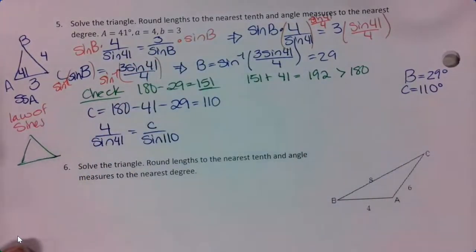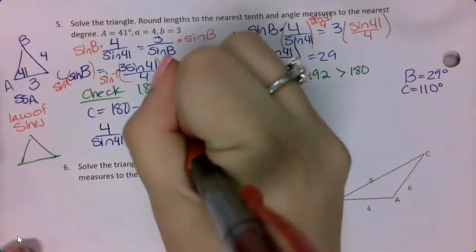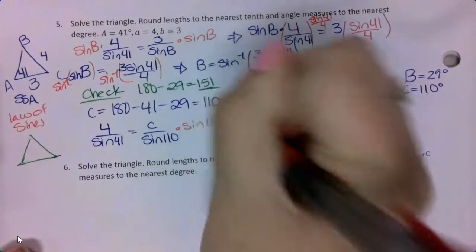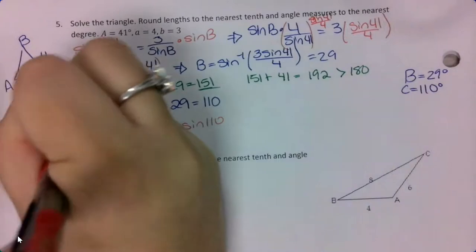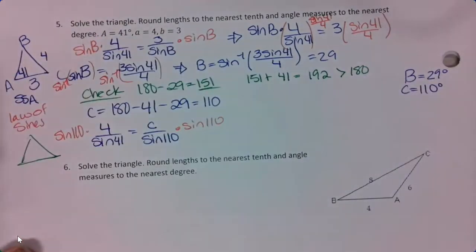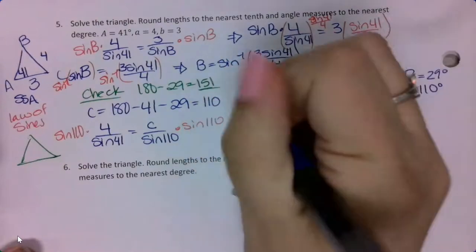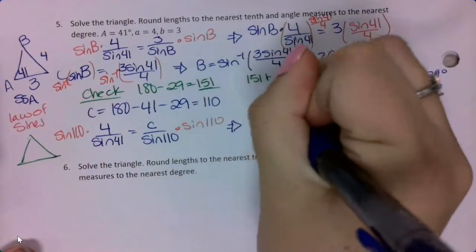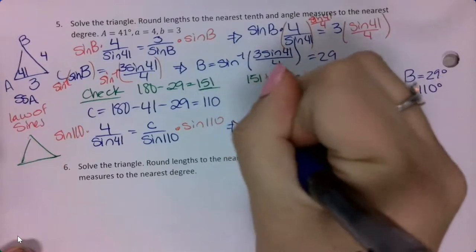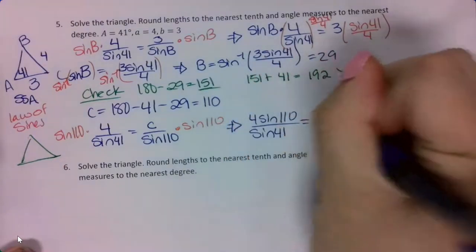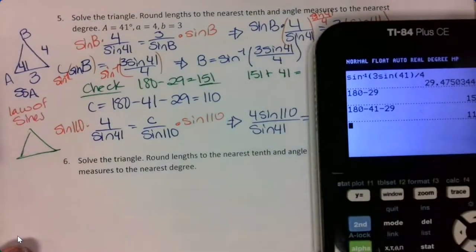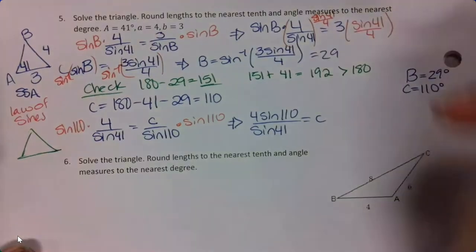Then I want to go ahead and isolate my variable by multiplying both sides by sine of 110, which gets me 4 sine of 110 over sine of 41. Then I just need to type that in the calculator, which gets me 5.7.